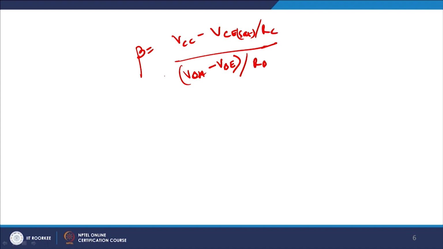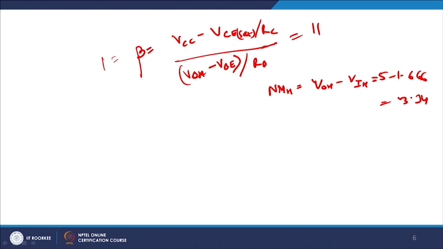If they are exactly equal, beta will be equal to 1, right, but clearly this is equal to 11 which you get. Therefore, NMH will be equal to VOH minus VIH, and this comes out to be 5 minus 1.666, and that is equal to 3.34. In the second case, when I find NML, it is VIL minus VOL.